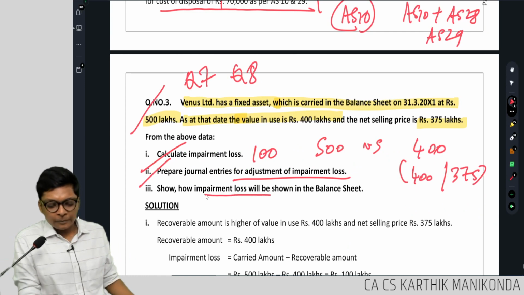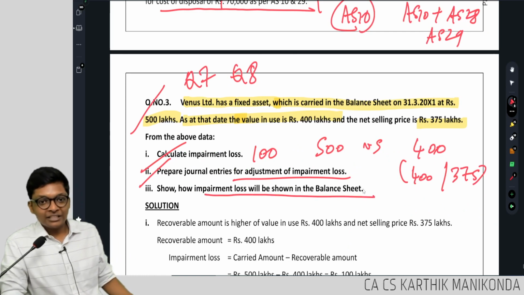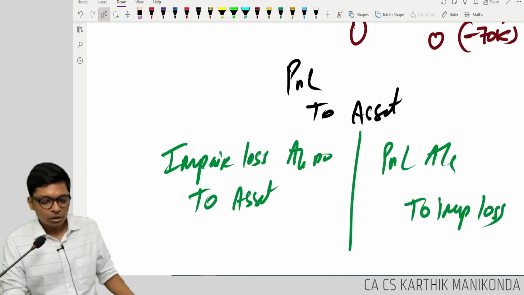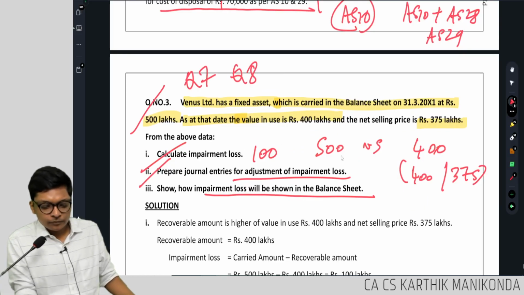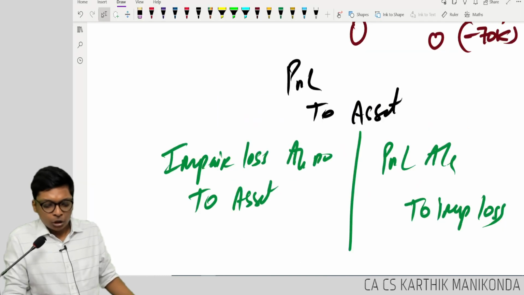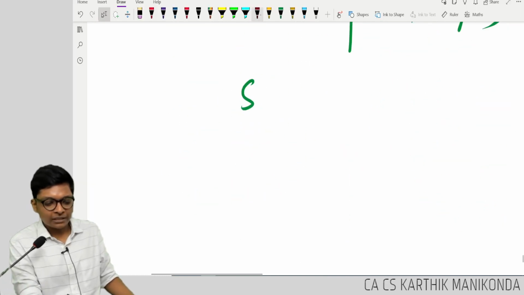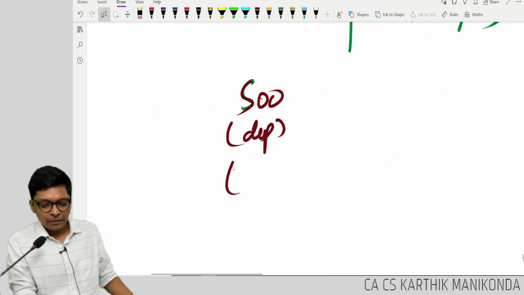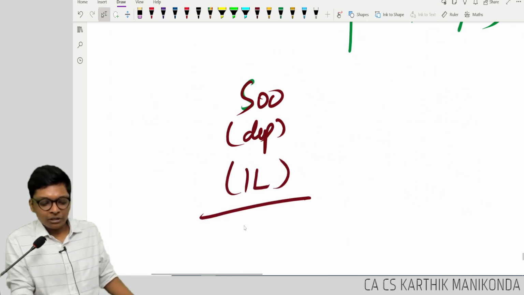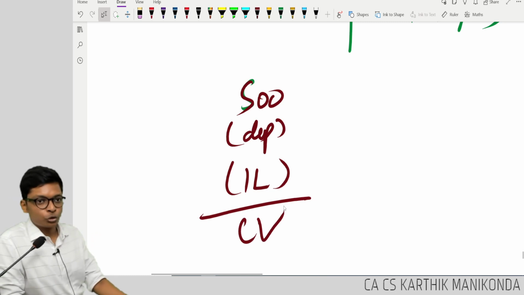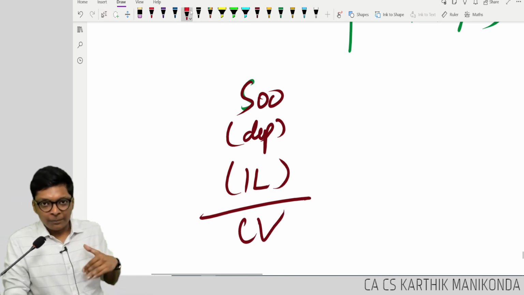How will impairment loss be shown in the balance sheet? This asset is how much? 500. Now reduced by 100. So normally how will we show the asset? 500 minus depreciation if any, minus impairment loss, carrying value. So carrying value is now completely changed.